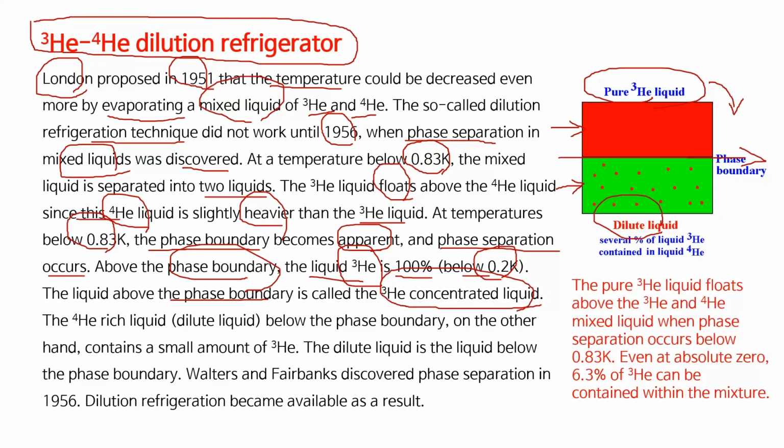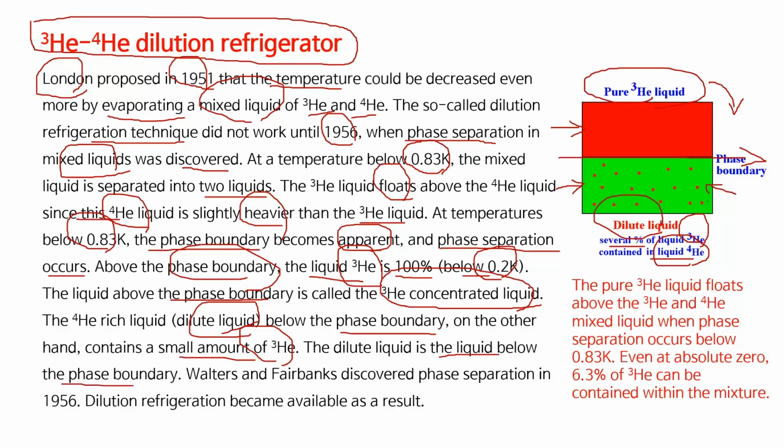The helium-4 rich liquid, the dilute liquid, below the phase boundary, on the other hand, contains a small amount of helium-3. So in this dilute liquid, several percent of liquid helium-3 is contained in liquid helium-4. The dilute liquid is the liquid below the phase boundary.